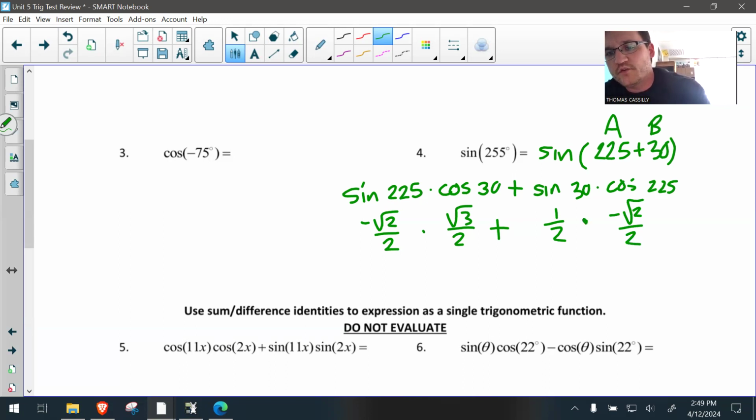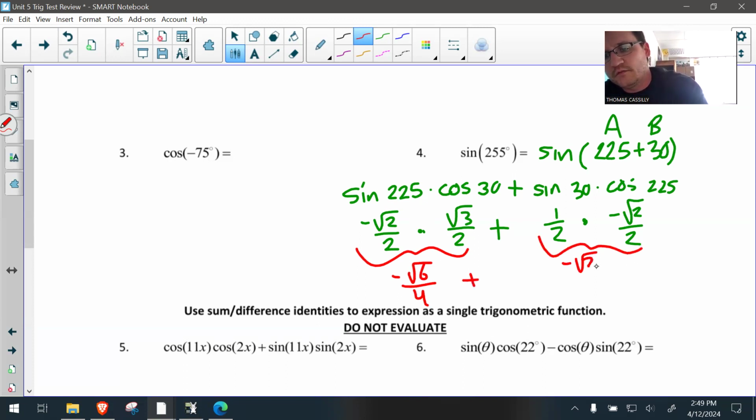Pay attention to which quadrants these values are positive and negative. That's going to come in handy later on when we get to those half angle identities, just a heads up. So this is negative square root of 6 over 4, then plus negative square root of 2 over 4. Therefore, we have negative square root of 6 minus square root of 2, all over 4.